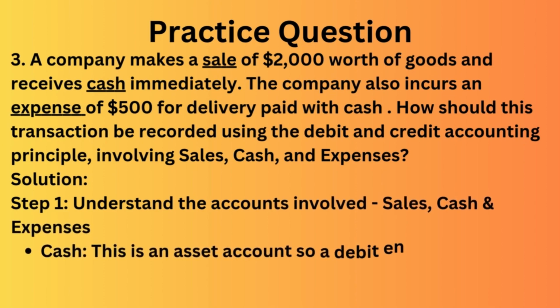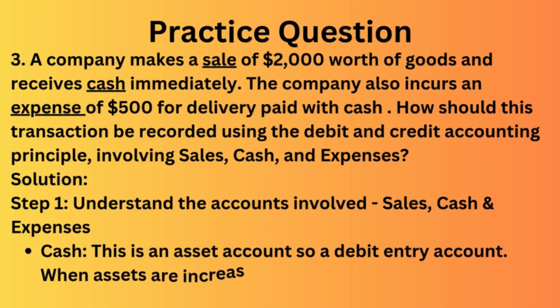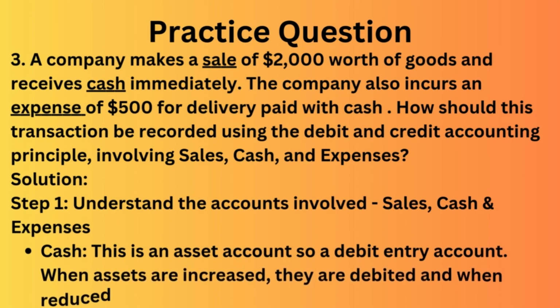Now, taking a look at this transaction, you will notice that three accounts stick out: sale, cash, and expenses. Those are the three accounts that stick out. The next step is to understand how these accounts behave. What are their classification? Cash is an asset account. An asset account is a debit entry account.